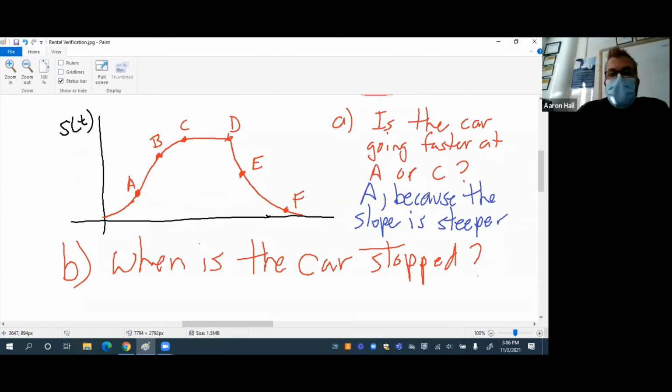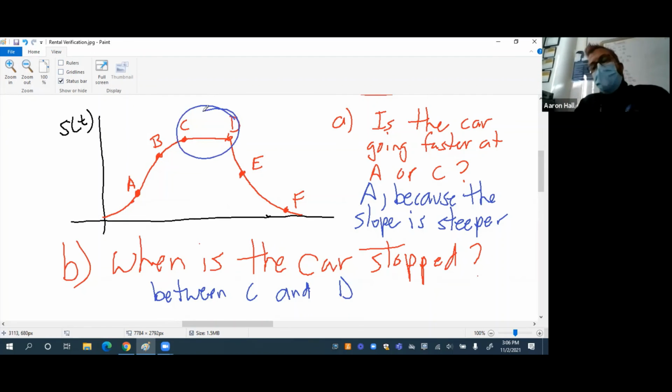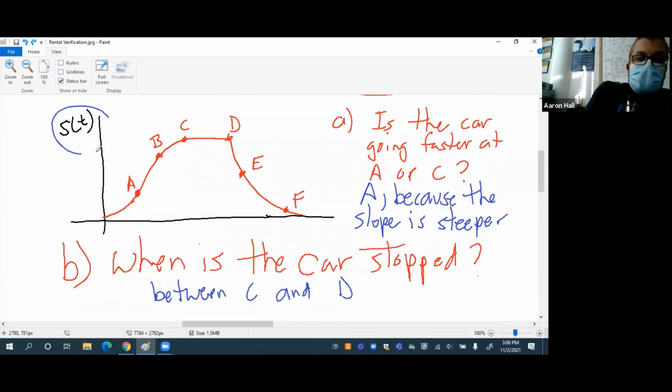Yeah, it looks like it stopped between C and D. How do you describe why it is stopped here? It has a slope of 0, so my velocity is 0. Another way of wrapping your head around it is that if this is our distance equation, then the distance traveled is not increasing or decreasing from C to D, which implies that the car has stopped.